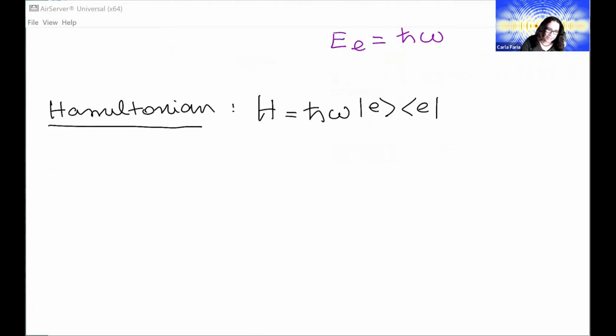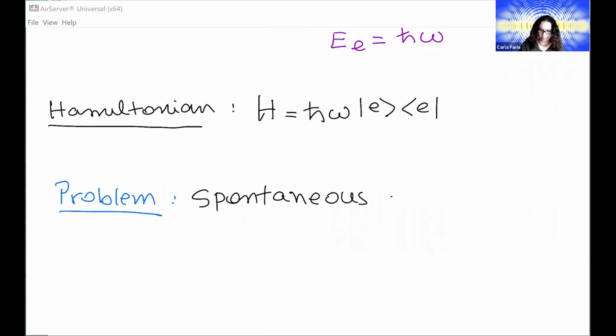And the problem that we would like to address is the following. We would like to look at spontaneous emission. So we have an atom, for instance, interacting with an empty field mode, and this atom is going to emit a photon. In a cavity, it could interact with a single photon many times because it would be trapped.